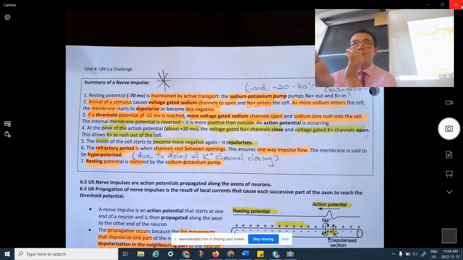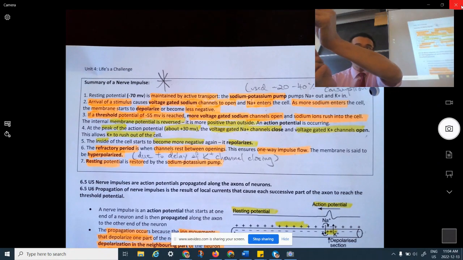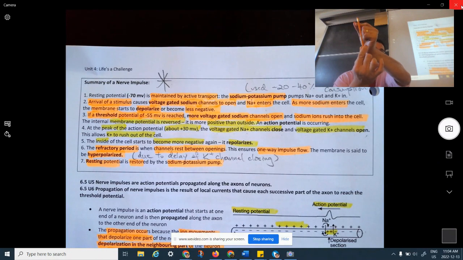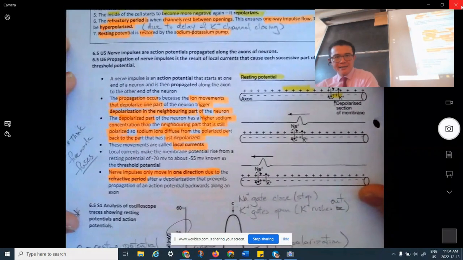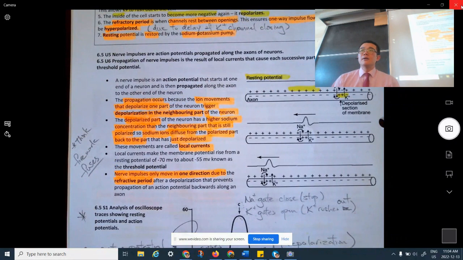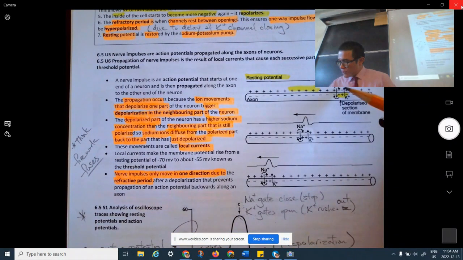You light up the fuse at one end, the heat energy from the burnt part causes the next part of the fuse to be lit up, and then it just keeps going, right? It's the same idea in terms of impulse propagation.